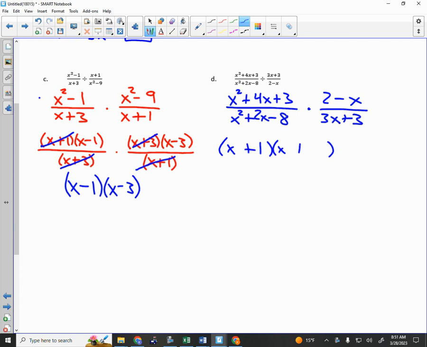Looks like I have a plus 1 and plus 3. In the denominator, I multiplied to get plus 4 and minus 2. Uh-oh, 2 minus x, what can you factor out? That negative 1, and I'm left with x minus 2. And on the bottom, notice you can factor out a positive 3.